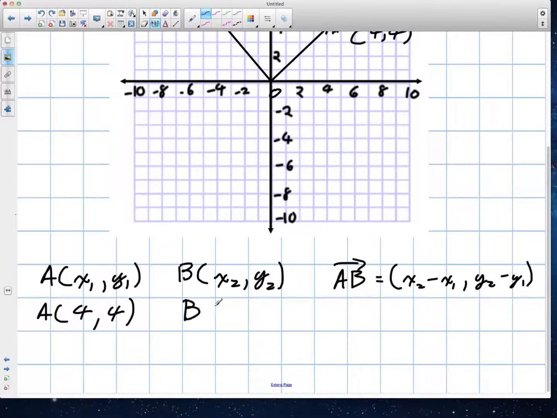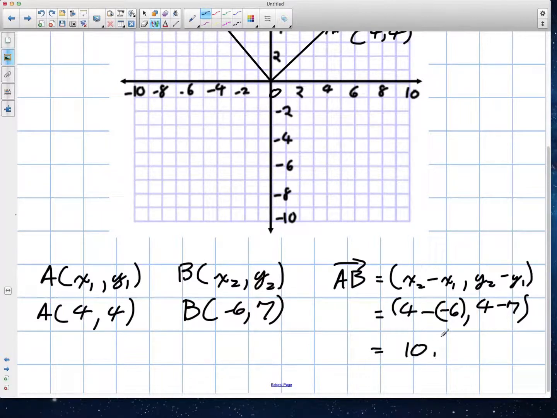And our point B was -6 and 7. So we plug those in to find out what AB is. AB in this case would be 4 subtract -6 and 4 subtract 7. So we end up with 10 and -3.